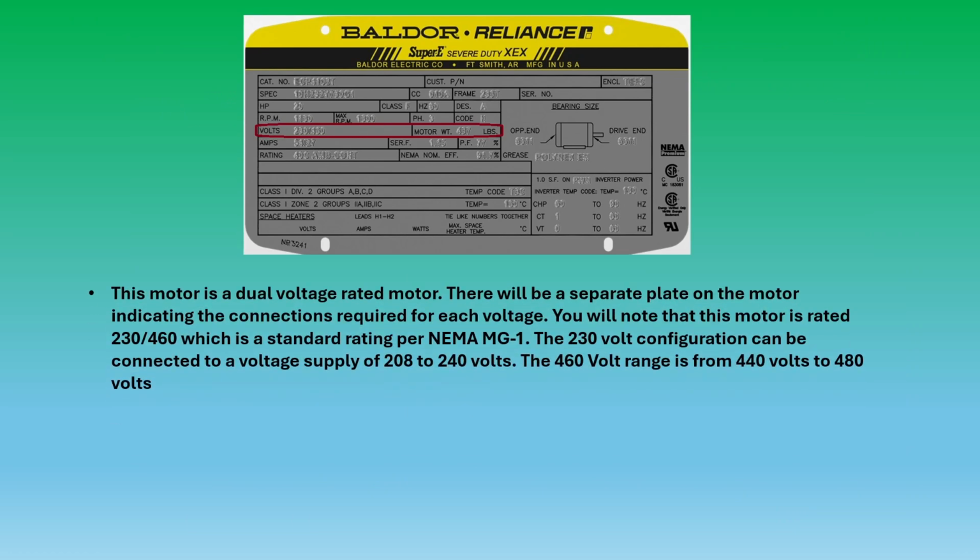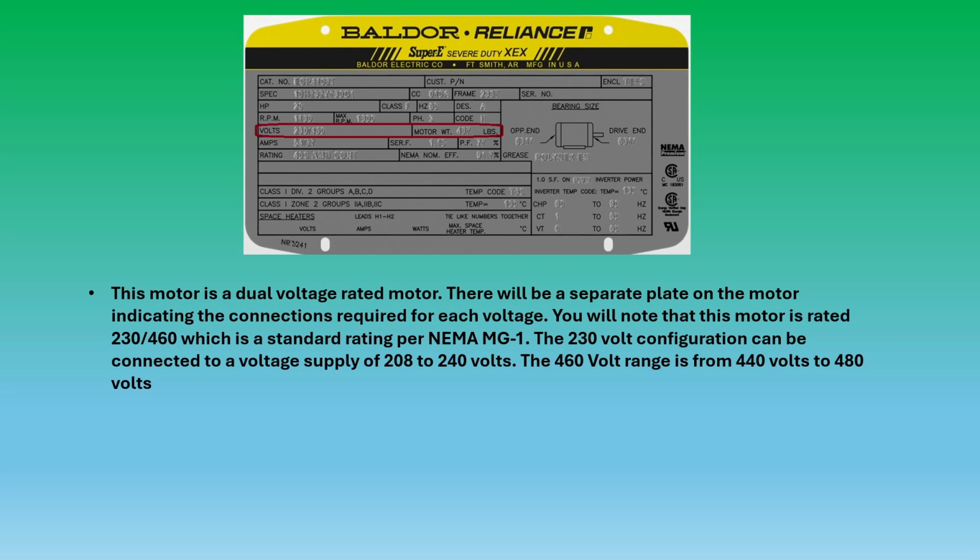This motor is a dual voltage rated motor. There will be a separate plate on the motor indicating the connections required for each voltage. So there'll be another little plate on the motor that'll show you how to wire up the motor if it's a 9-lead motor, etc. You will note that this motor is rated 230/460, which is a standard rating from NEMA MG1.